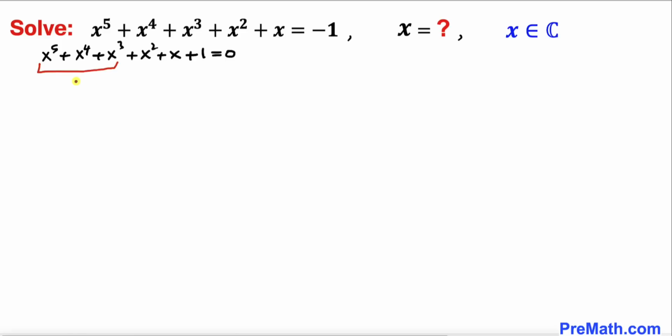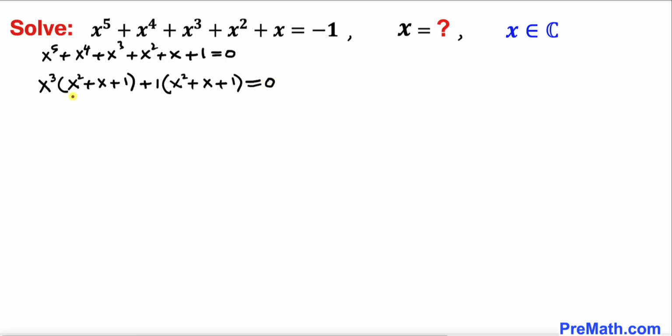Now let's focus on these first 3 terms. We can see that x^3 is in common, so I am going to factor out x^3, and inside the parentheses we get x^2 + x + 1. Now let's focus on the remaining part. We can see 1 is in common, so I factor out +1, and we get x^2 + x + 1 equals 0 on the right hand side.